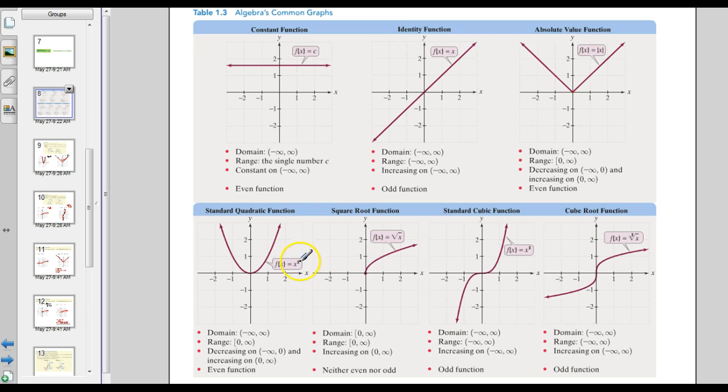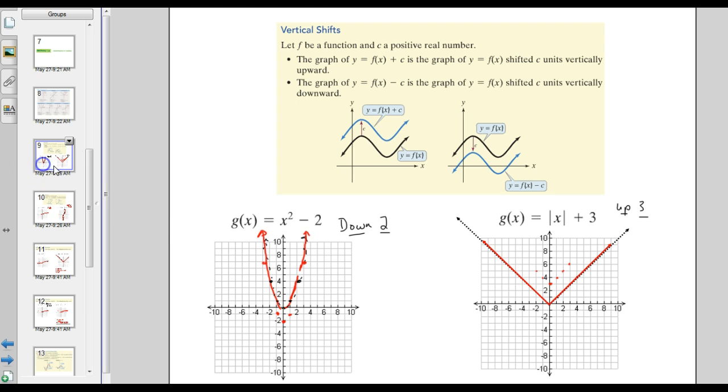The base function operation here is squaring. So after I've squared, if I subtract 2, according to this up here, it takes the original graph and moves it 2 units, c units in this case, downward. So subtracting 2 moves us down.